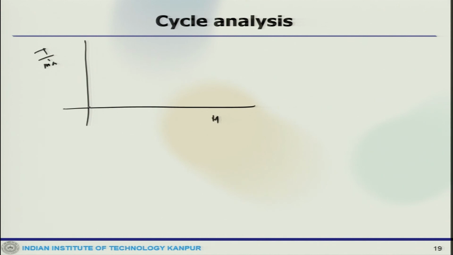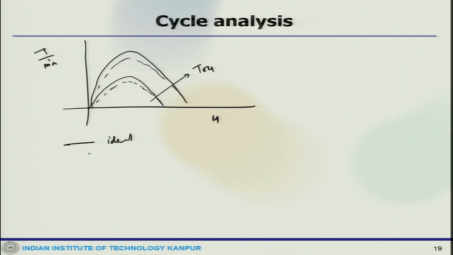So, this is for increasing T naught 4, this is the ideal cycle, and the actual cycle would be like this for both the cases. So, this is the ideal one and this is how the actual cycle looks.